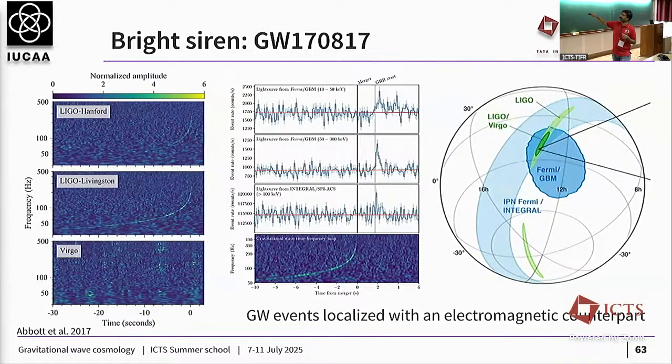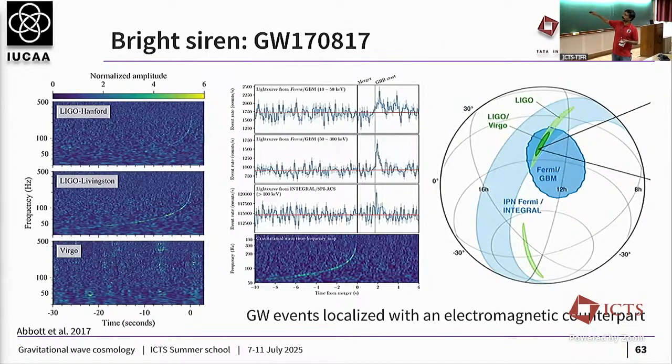On Fermi, this is in the 10 to 50 keV band. This is, I think, the 50 to 300 keV band of Fermi. So there's a gamma ray burst monitor, which keeps on detecting events, or the high energy photons that come from these events.